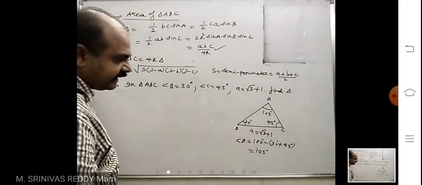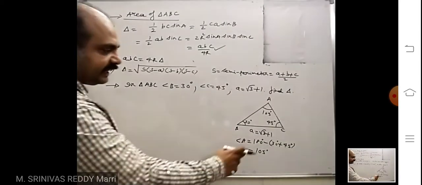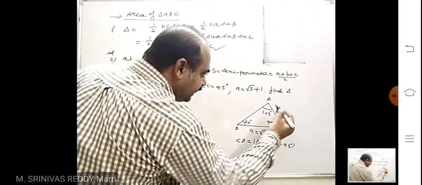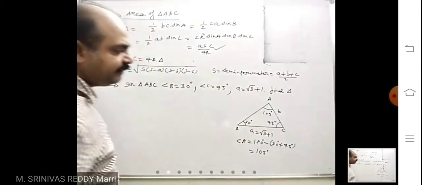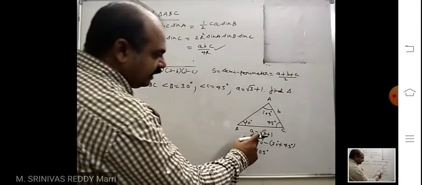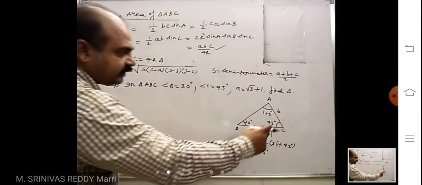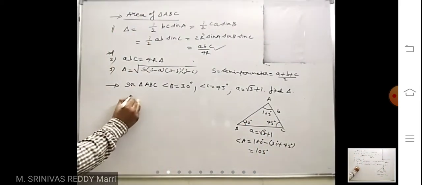Now if you look here, for calculating the area of the triangle, this side you know. Suppose I calculate this side b, then I have two sides and the angle between them, and I can write the formula half into a into b into sin C. So I have to calculate the b value. Now I can apply the sine rule.